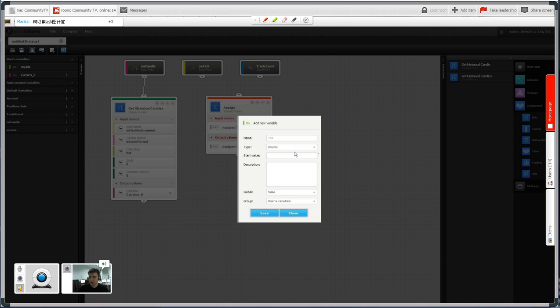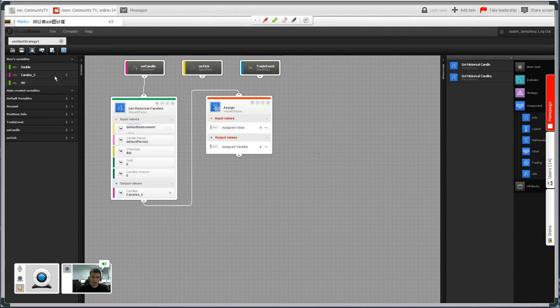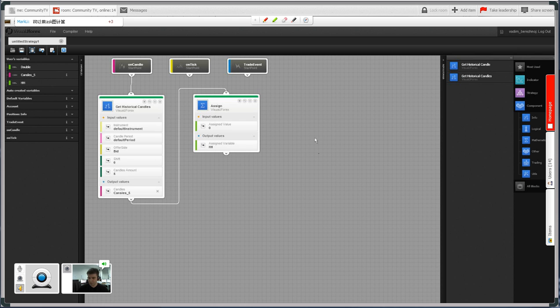It would be double, and we assign 0 to that variable. We make it the lowest point. Later it would be assigned other digits. Then we use the loop viewer, the cycle.